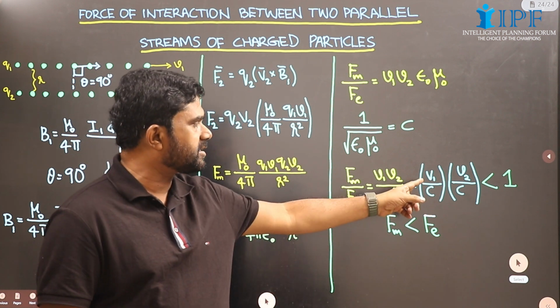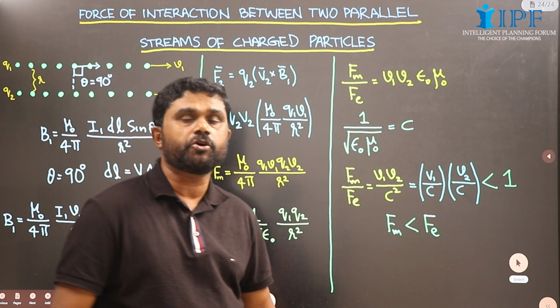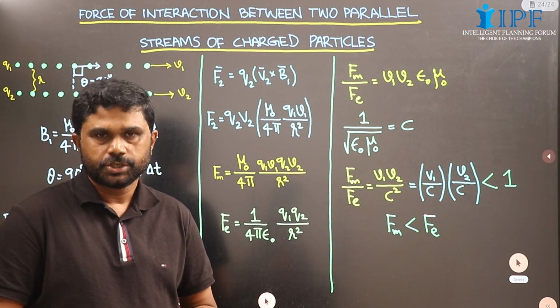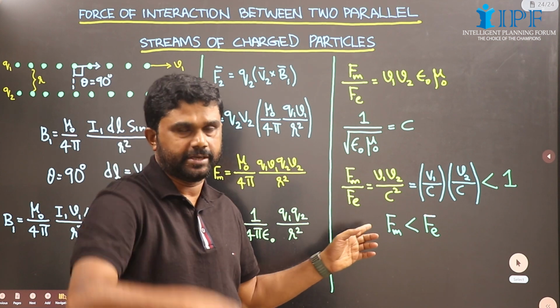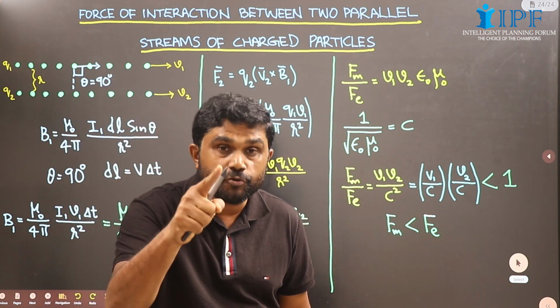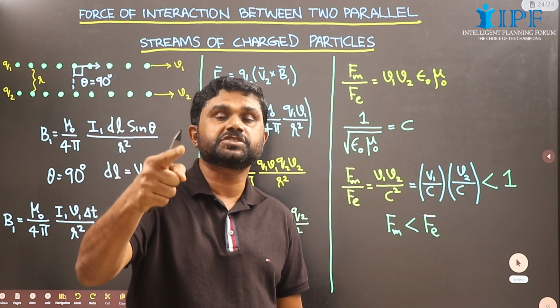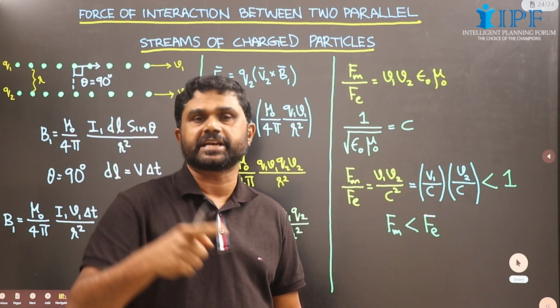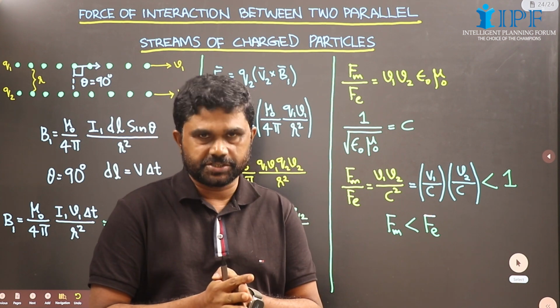So the first factor v1 by c must be less than 1, and the second factor v2 by c also must be less than 1. So the product will be less than 1, or we can say Fm is less than Fe. So the electric force is stronger than the magnetic force. Here the electric force is repulsion and the magnetic force is attraction, so the resultant force will be repulsive.